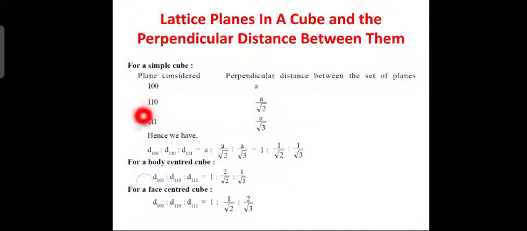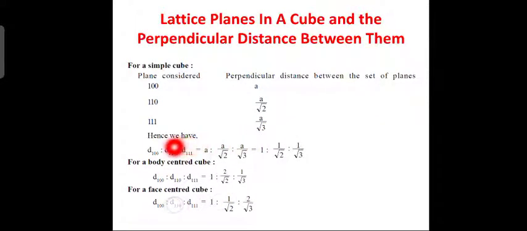Therefore, when you take the ratio of the perpendicular distances, d100 is to d110 is to d111 is equal to a is to a by square root of 2 is to a by square root of 3, that is equal to 1 is to 1 by square root of 2 is to 1 by square root of 3, since a is common in all three.